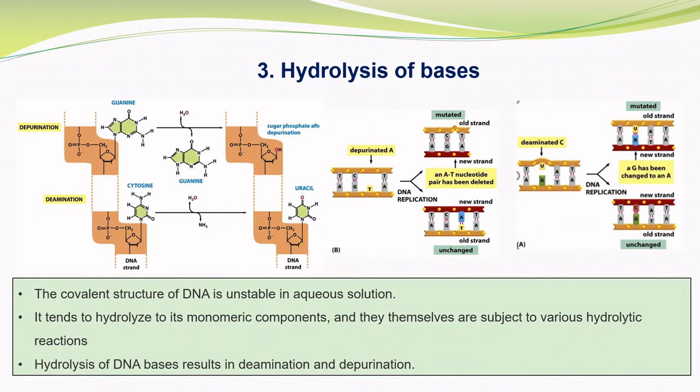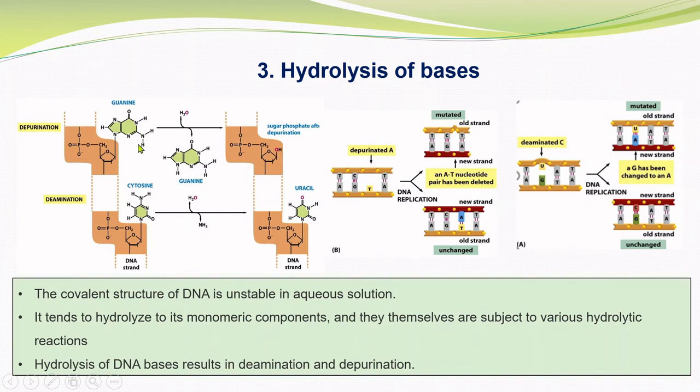Hydrolysis of DNA bases results in deamination of the bases, and it also results in depurination of the bases. So deamination means removal of the amine group from the base, and depurination is the loss of purine from the nucleotide of DNA.